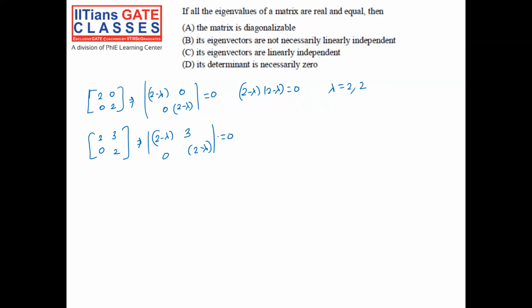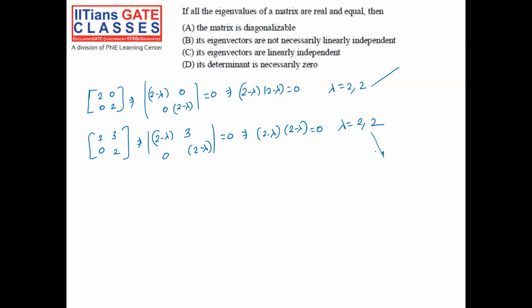If we take the determinant, we get (2 minus lambda)(2 minus lambda) minus 3 into 0, which is 0, so that will not take any part. Ultimately we end up with the same eigenvalues. But if you calculate the eigenvectors in the first case and the second case, they are not identical.